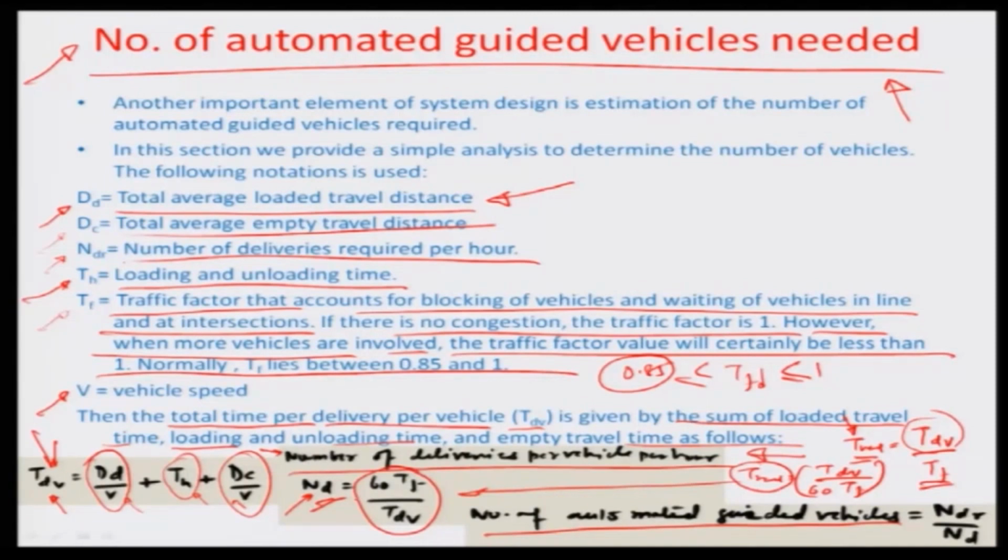And if we had NDR as the number of deliveries required per hour, this NDR divided by this frequency, or multiplied with the real time of one delivery, which is TDV by 60 Tf, gives you the number of automated guided vehicles which are needed.